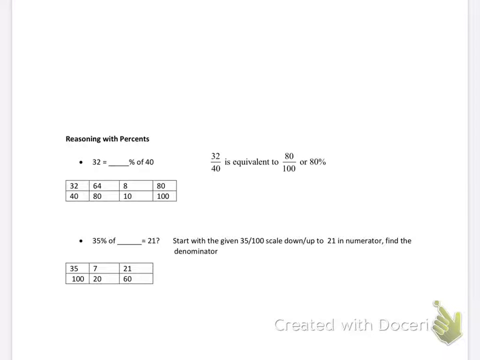Okay, reasoning with percent. So if you want to know 32 is what percent of 40, 32 is going to be your numerator. 40 is going to be your denominator. Your goal is to get to 100 because you want percent. So if you know you have 32 over 40, doubling it gives you 64 over 80.